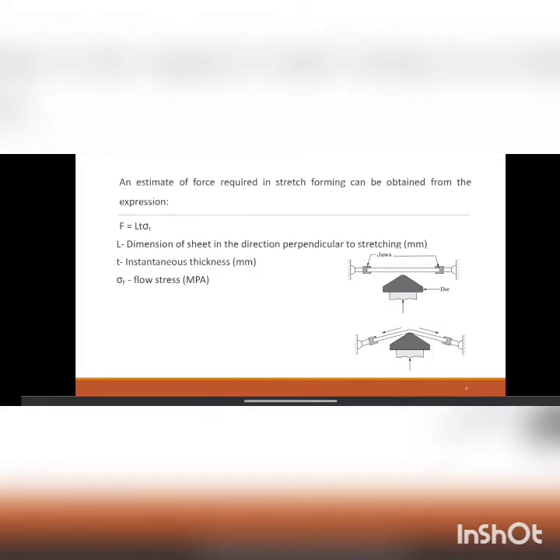An estimate of the force required in stretch forming can be obtained from the expression F equals L times T times sigma F, where L is the dimension of the sheet in the direction perpendicular to stretching, T is the instantaneous thickness, and sigma F is the flow stress.